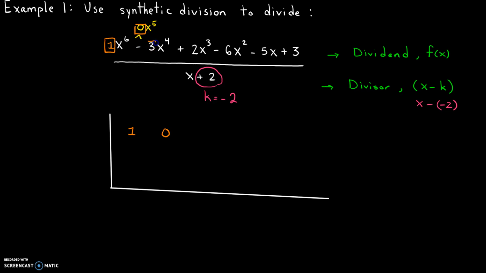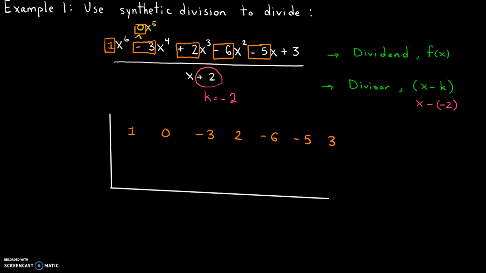Then the power of 4 has a coefficient of negative 3. The power of 3 has a coefficient of 2. The power of 2 has a coefficient of negative 6. The power of 1 has a coefficient of negative 5. And finally, the power of 0, in other words, there's no x, has just the number 3.